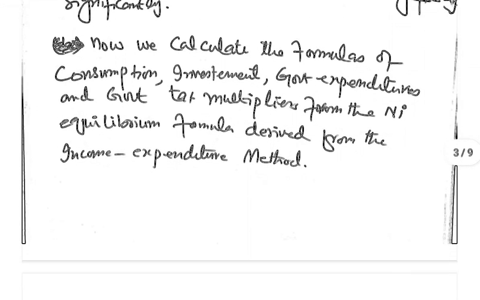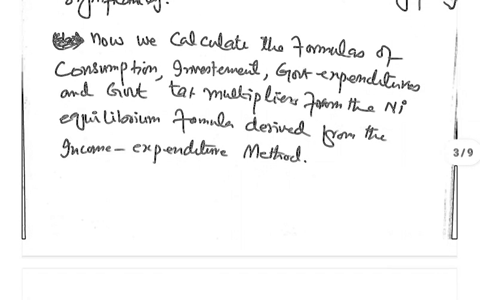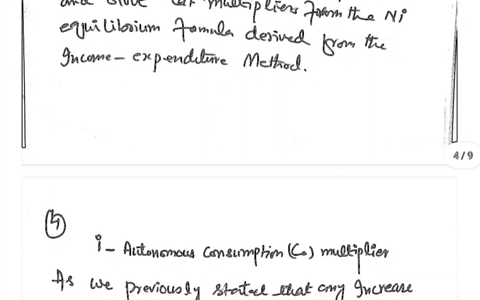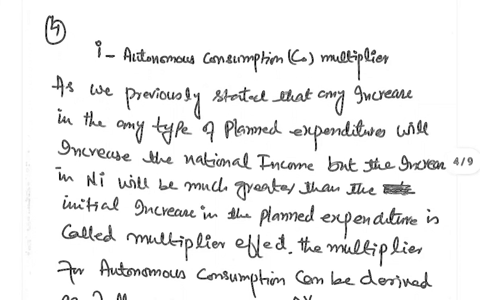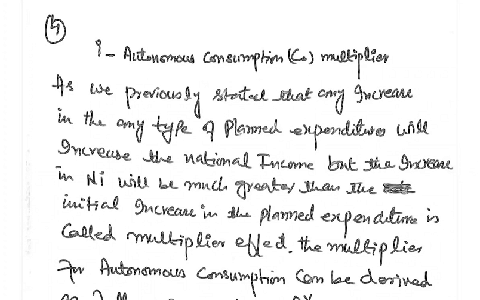Going to the slides, now we have to calculate the formula for consumption, investment, government expenditure and government tax multipliers from the national income equilibrium formula derived from the national income and expenditure method. Number 1, autonomous consumption multiplier.